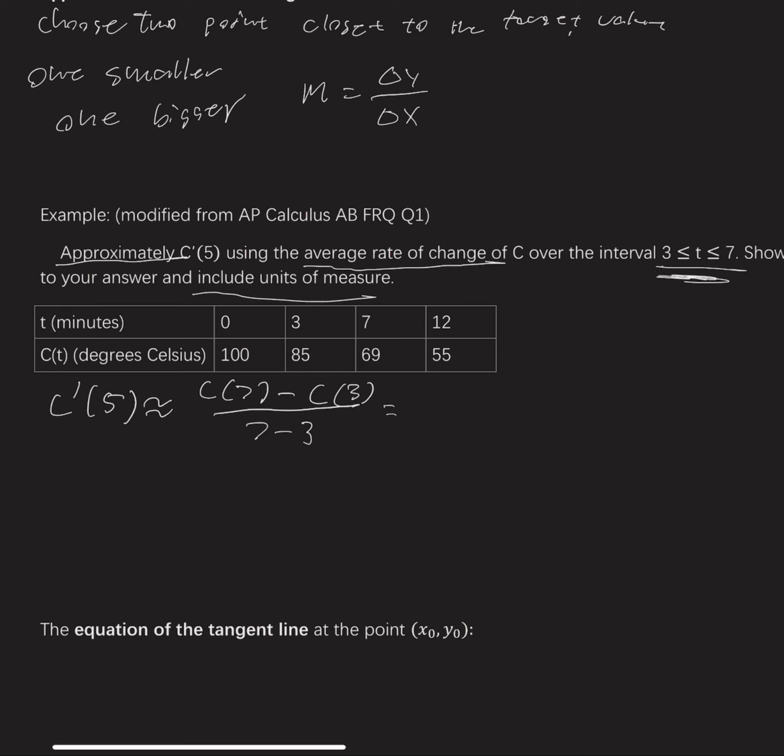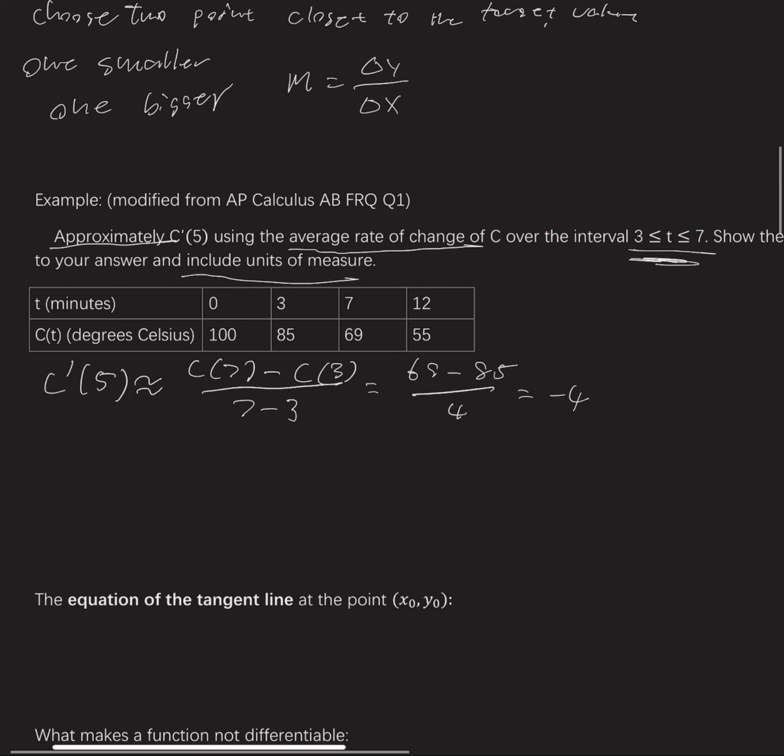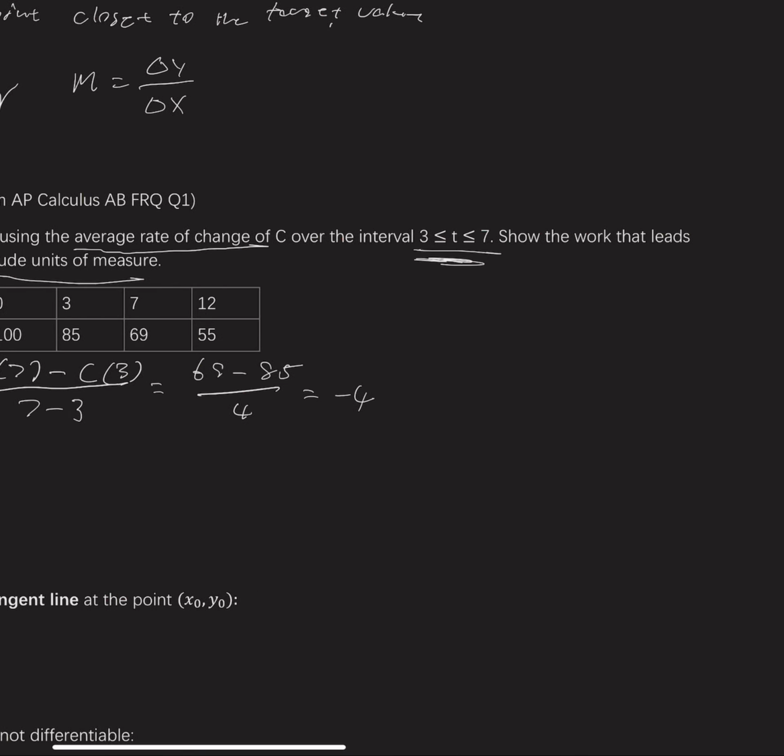That's equal to 69 minus 85 divided by 4, which is equal to -4. Don't forget our unit. What's our unit? Well, the numerical value is delta y over delta x, so our unit should be y divided by x, which is degrees Celsius per minute.